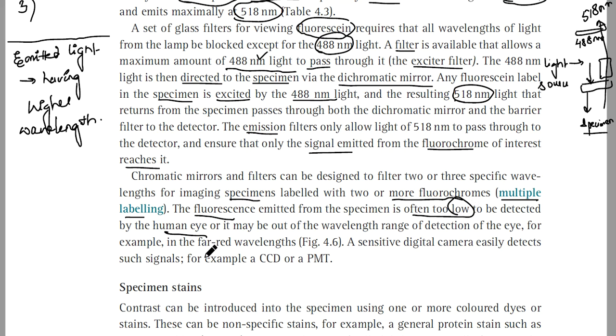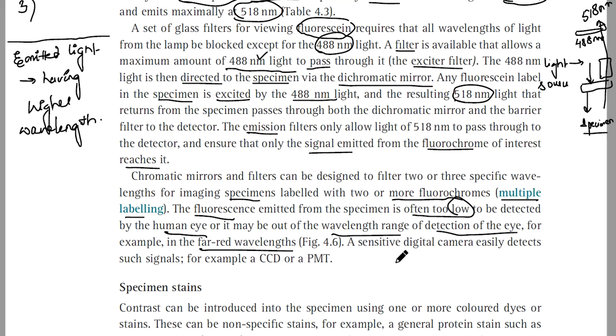Human eye cannot detect all the wavelengths, okay? It may be out of the wavelength range of detection of the human eye. Human eye may not be able to detect the specific wavelength which is emitted by the fluorochrome. So for example, in case of far red wavelength, the human eye is not able to detect. That is why multiple labeling is done most of the time.